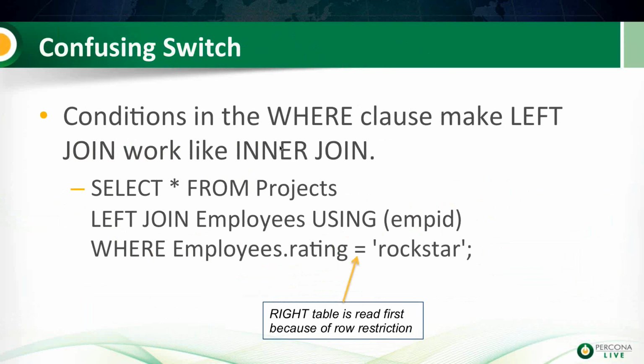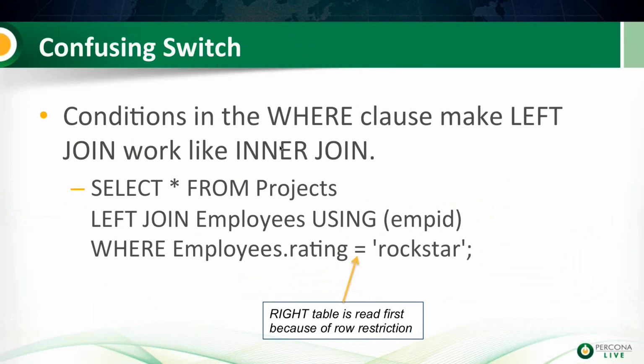The left join there would be superfluous and would actually be factored out by the optimizer. I did test this, and it turns out that it really does optimize like an inner join. It can then gain the benefit of table reordering. But it's confusing because this depends on whether you have conditions in your where clause on that table or not.